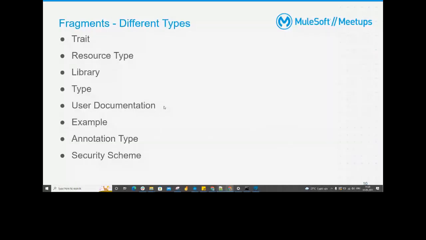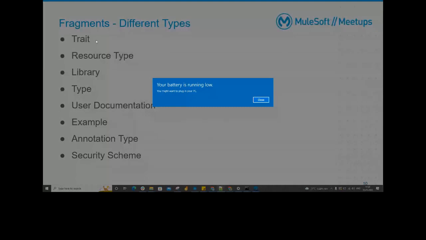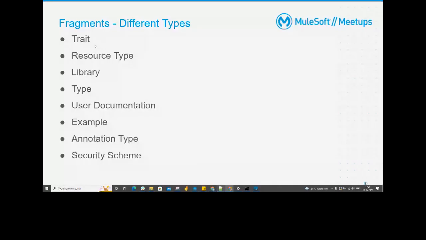Okay, fine. Now, the fragments can be of different types. You can create different kinds of fragments, like a trait where you can create your client ID or secret or any kind of specific headers related to security or anything else.